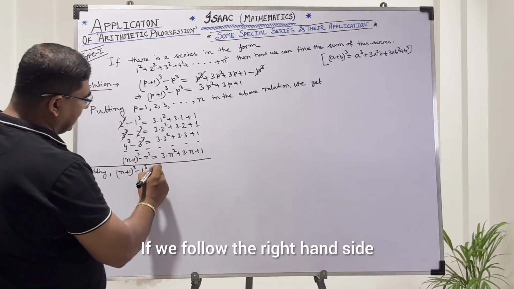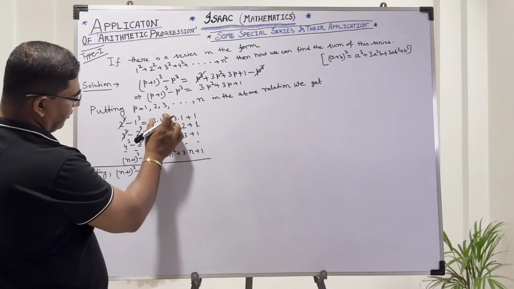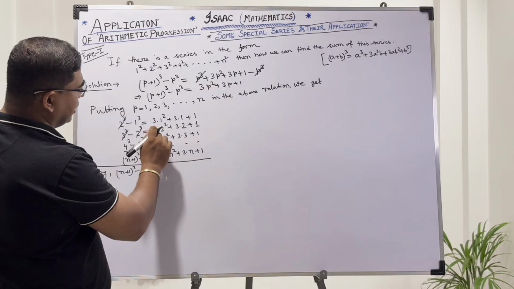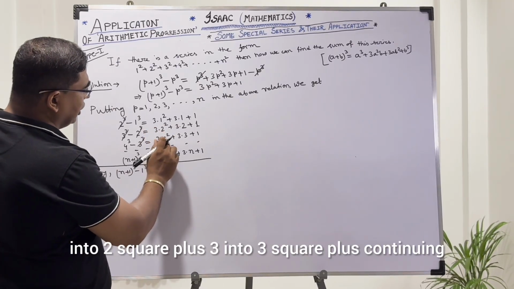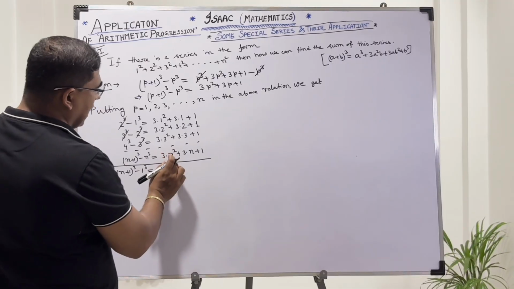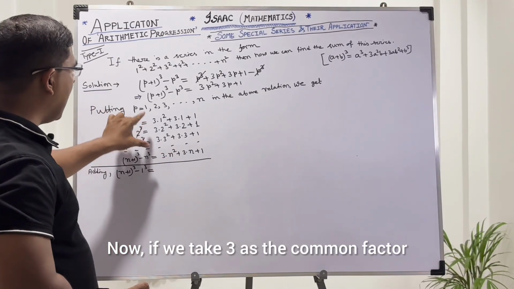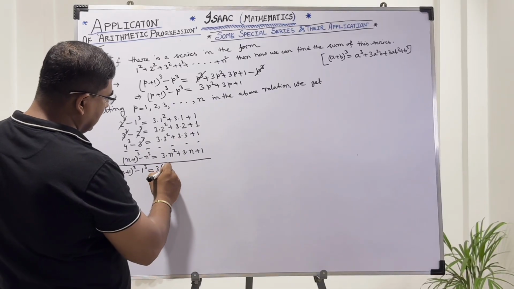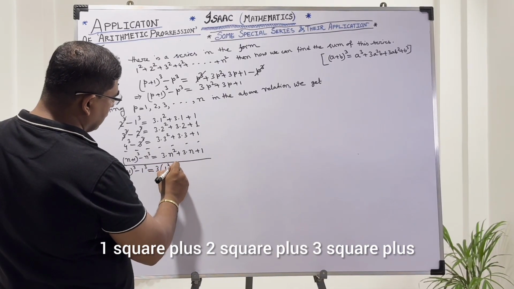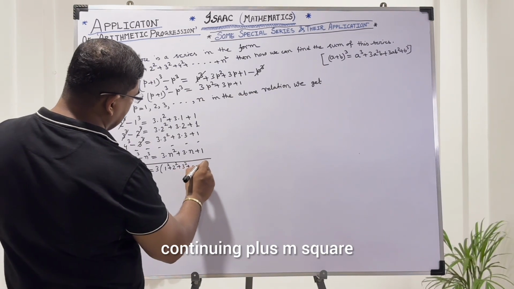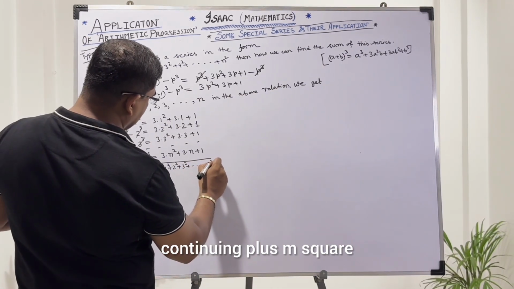If we follow the right hand side value, then this is 3 into 1 square plus 3 into 2 square plus 3 into 3 square plus continuing plus 3 into n square. Now if we take 3 as the common factor, then this will be 3 into 1 square plus 2 square plus 3 square plus continuing plus n square.